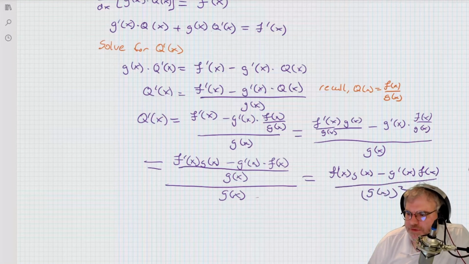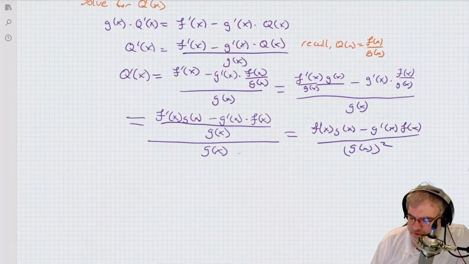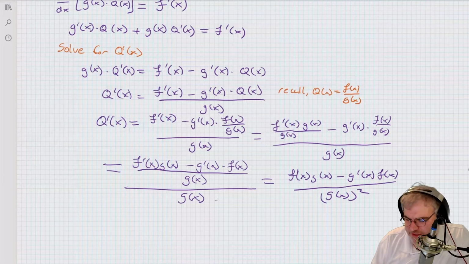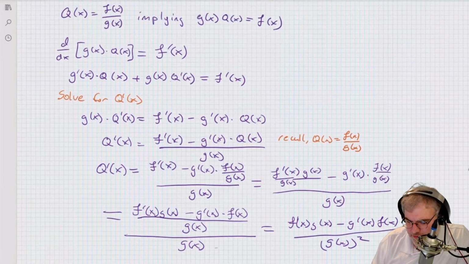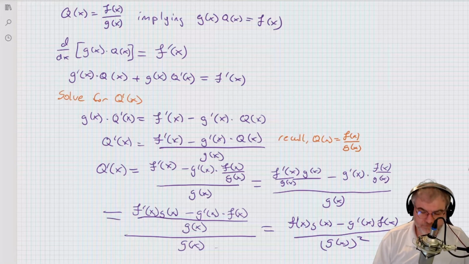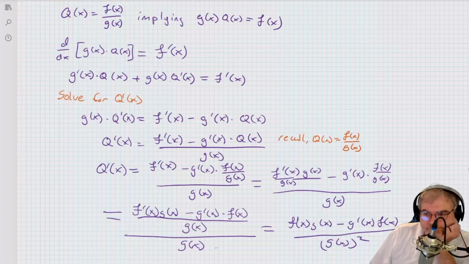Probably would have been better with u over v's. But that's another one. So I probably could have done this with a y and a u over v. It probably would have looked a little cleaner as just an implicit differentiation proof. Okay, how do we feel about that one, one to 5?